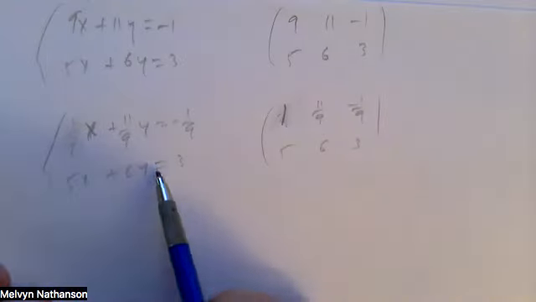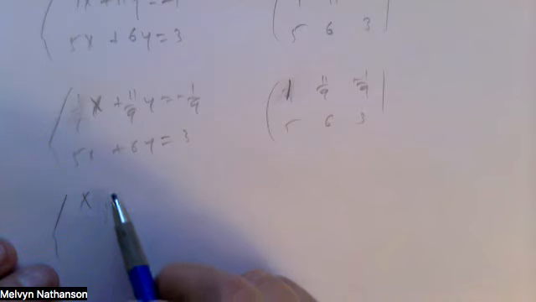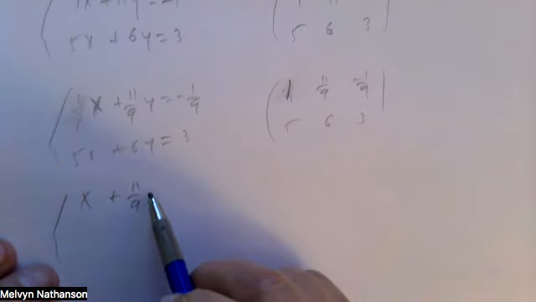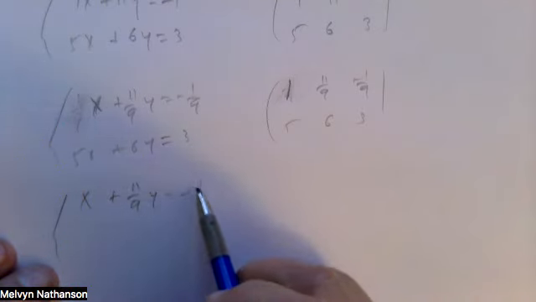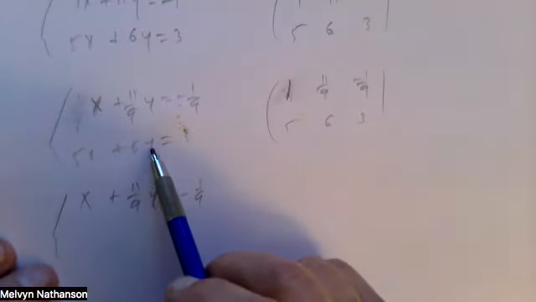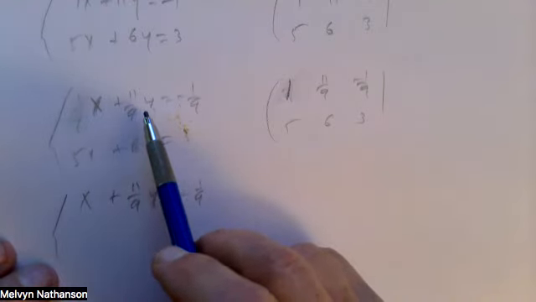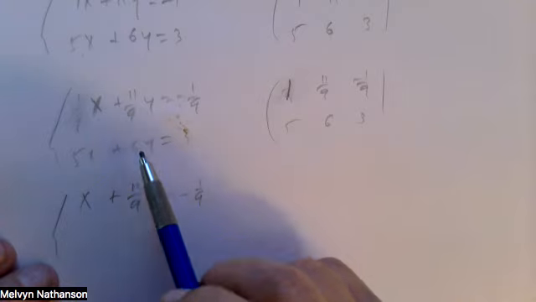Then, when I have my system of equations, I'd leave my first equation alone. And I would take the second equation minus 5 times the first equation. So 5x minus 5x is 0. 9y minus 55 over 9.